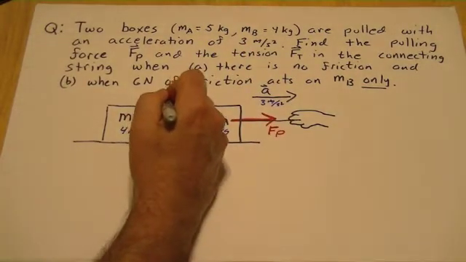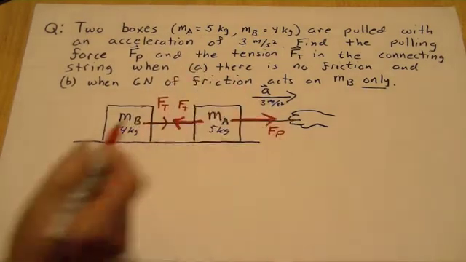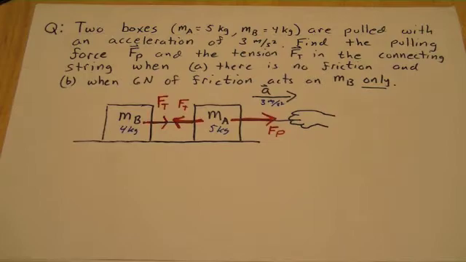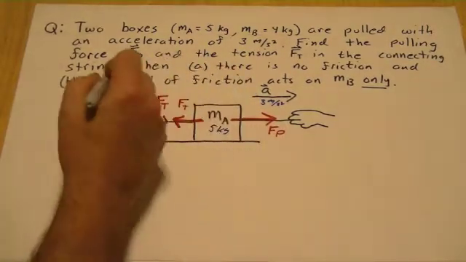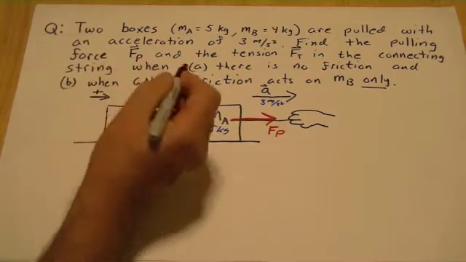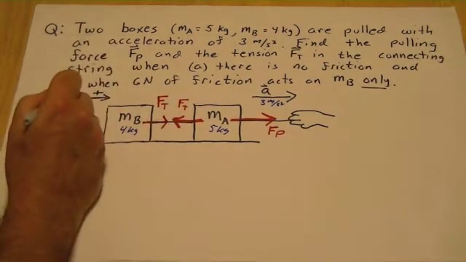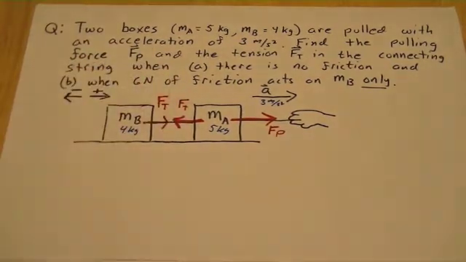So right away I have a problem. The tensions are the same size, but they're not in the same direction. So I always like to indicate to myself and to whoever is looking at my work what I'm going to call the positive direction and what I'm going to call the negative direction. In this case, I'm going to call any force or vector going to the right positive. And I'll make a note of that right here on the picture. And I'm going to call any force or vector pointing to the left negative.